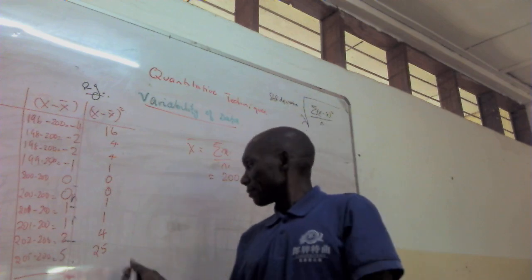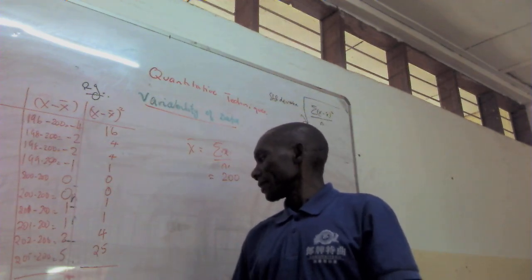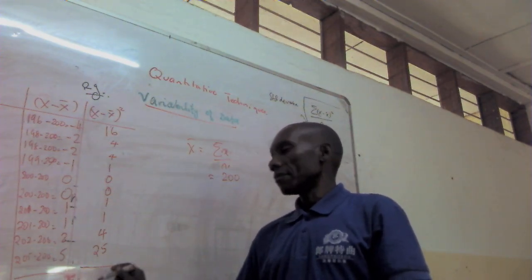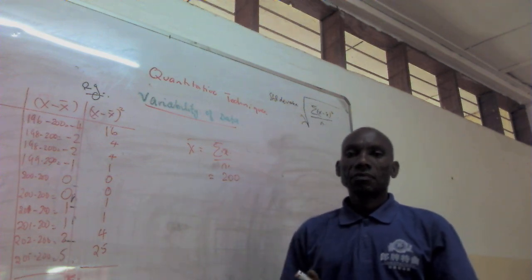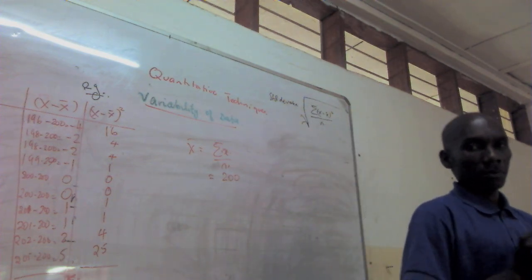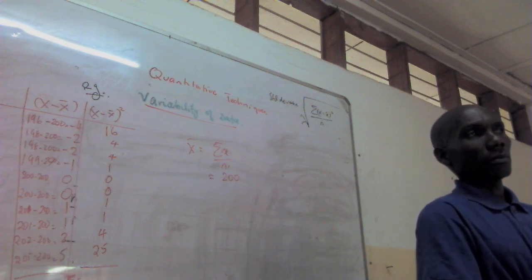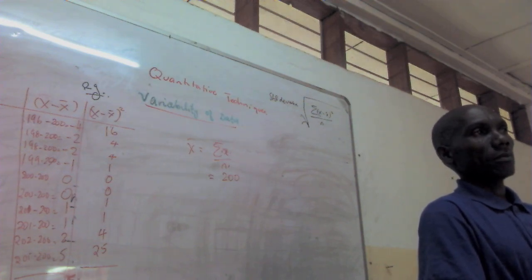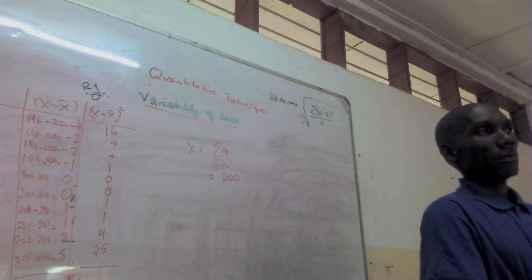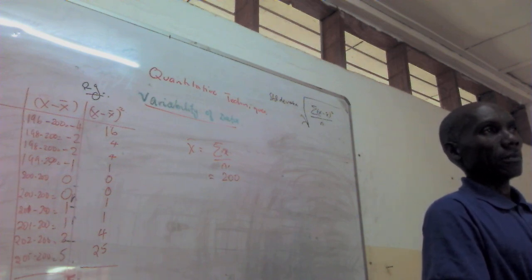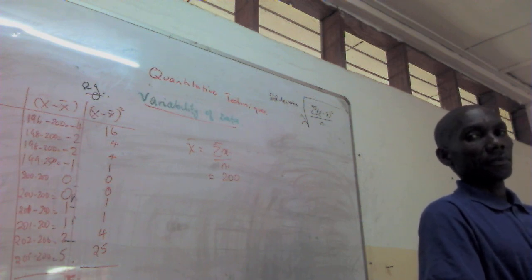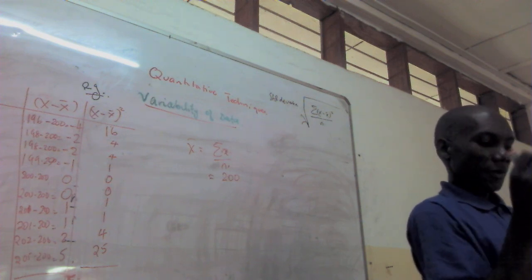Add these numbers. Sum these numbers. The sum is 56.